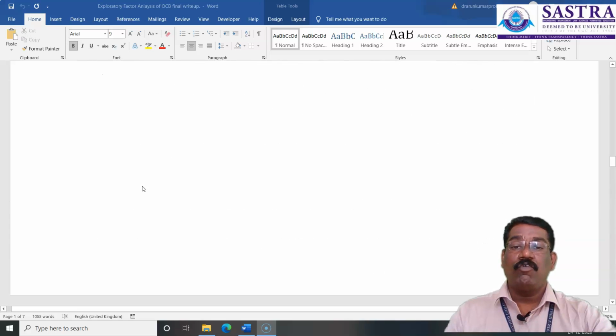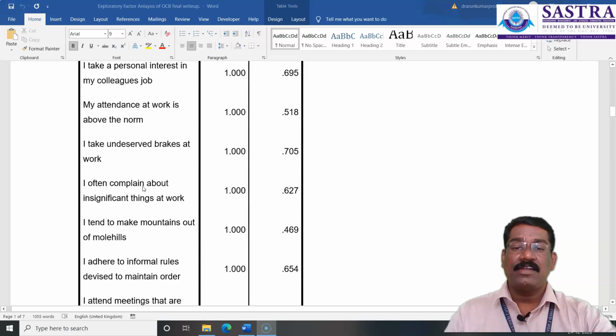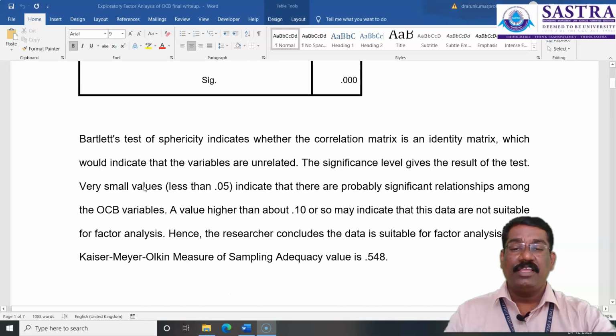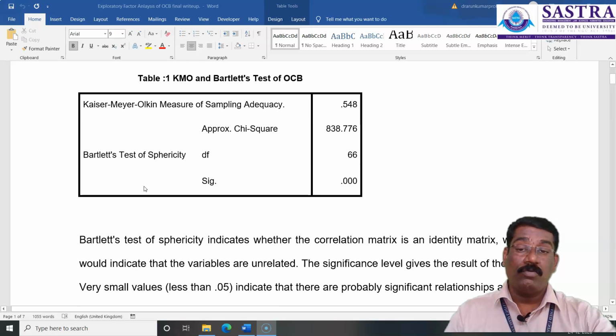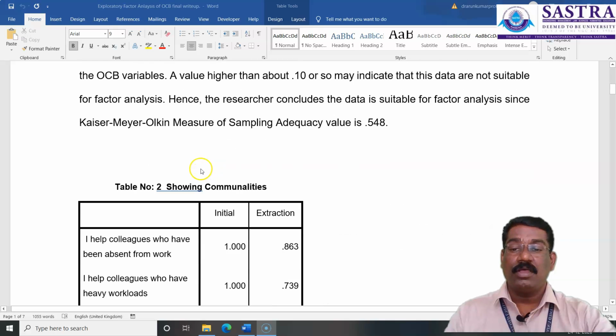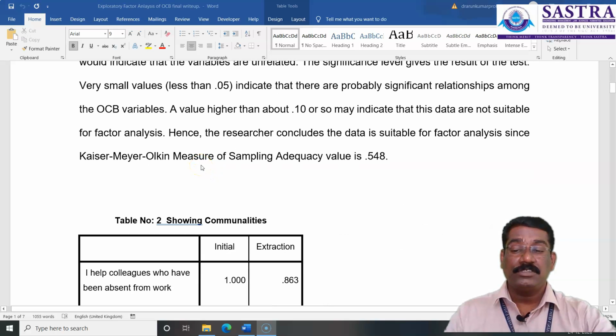So we got 4 tables. When you do factor analysis, we log into the SPSS software and hit the respective buttons, if you follow my instructions. You get the first table called the KMO Bartlett's Test of OCB, organizational citizenship behavior.